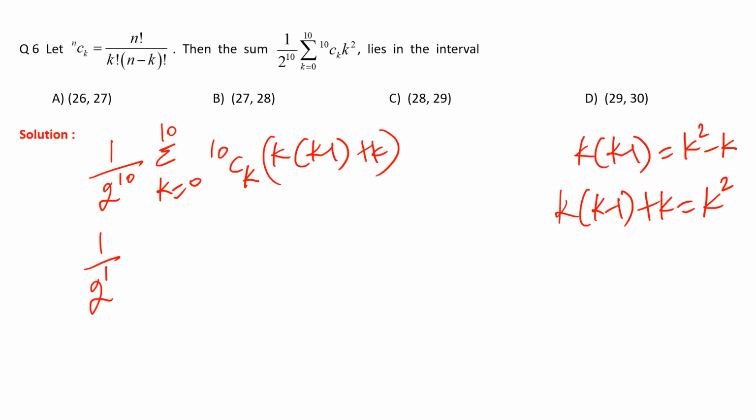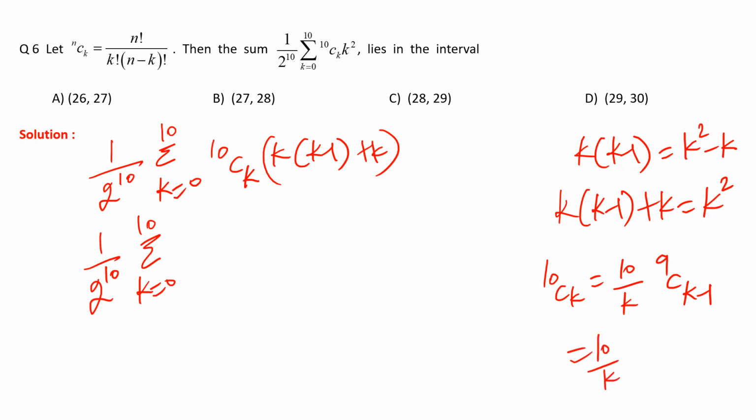This is now 1 upon 2 to the power 10 into summation k varying from 0 to 10. This 10Ck we can write as 10 upon k into 9C(k minus 1). And further this 9C(k minus 1) I can replace by 9 upon (k minus 1) into 8C(k minus 2). Why we are doing this?